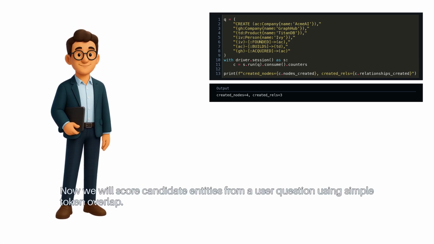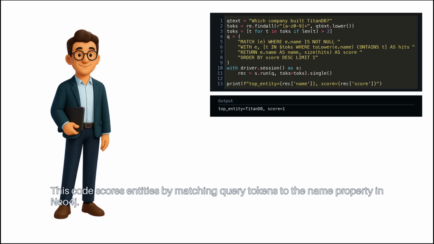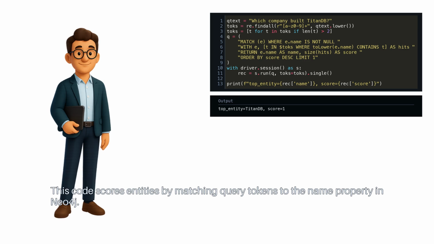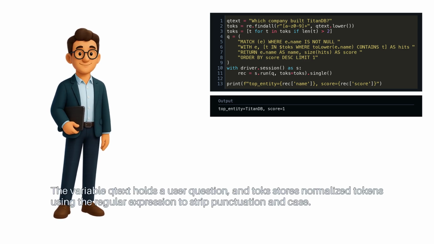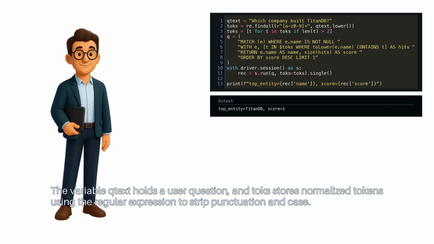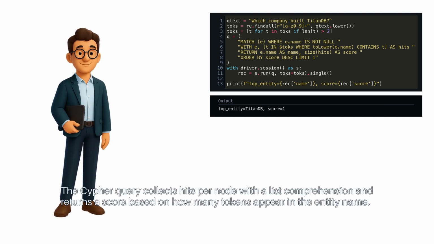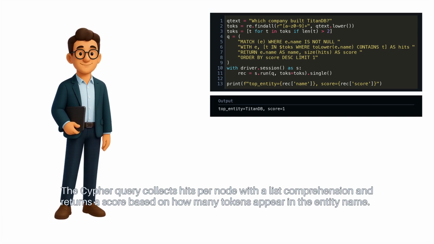Now we will score candidate entities from a user question using simple token overlap. This code scores entities by matching query tokens to the name property in Neo4j. The variable QText holds a user question, and toks stores normalized tokens using a regular expression to strip punctuation and case. The Cypher query collects hits per node with a list comprehension and returns a score based on how many tokens appear in the entity name.